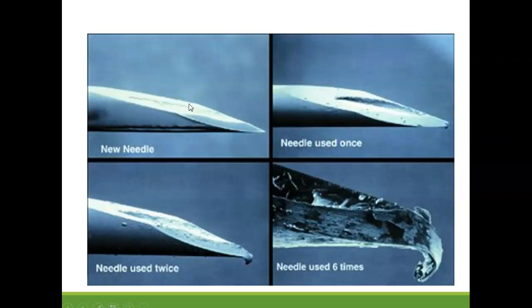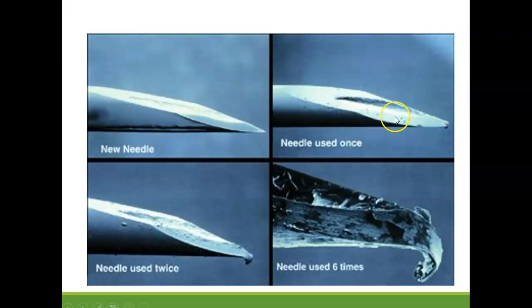I always show this picture because, not just with insulin but when you are drawing up medication for patients, if you have an opportunity to switch your needles before you inject the patient, it makes it a better experience. I use a different needle to draw up the medication than the one I inject in the patient. This shows how nice a needle looks when it's brand new.